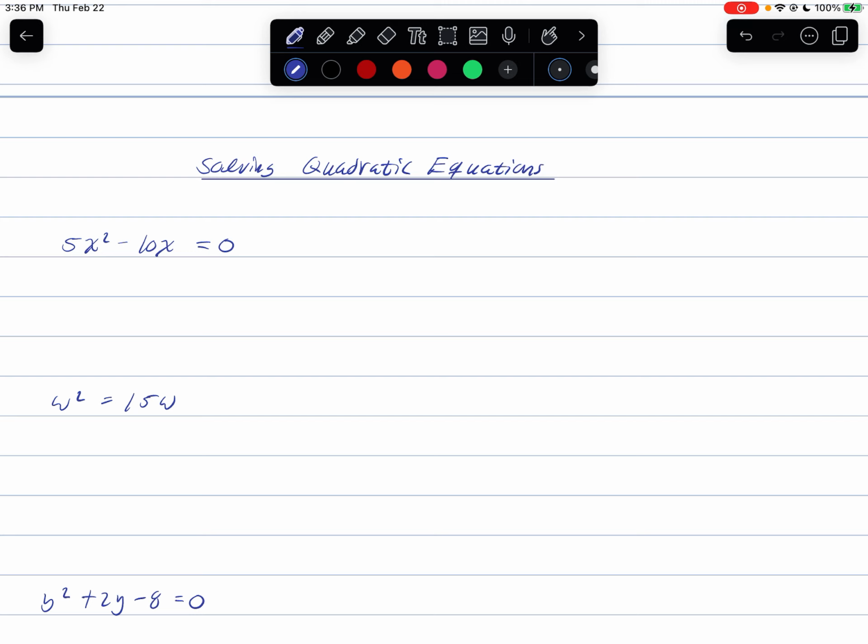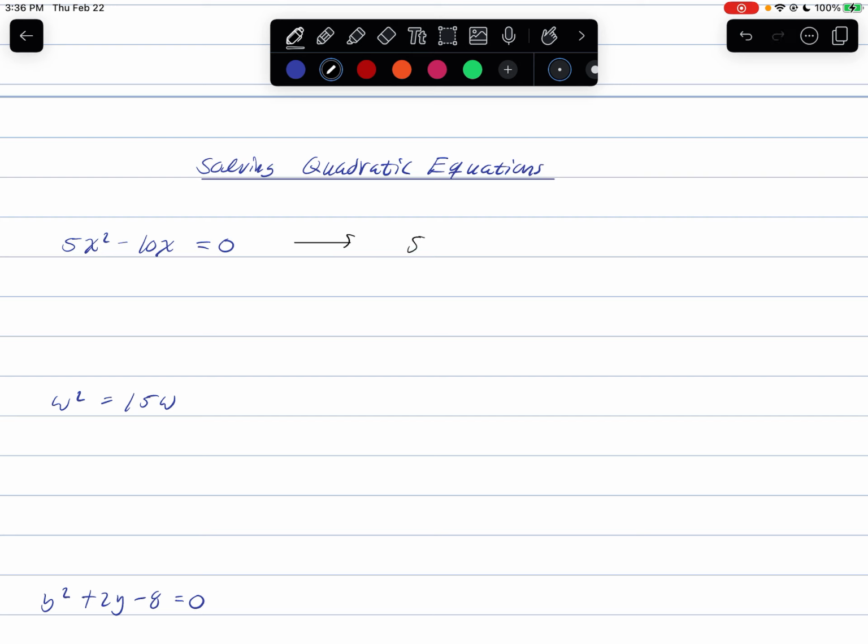So here we have 5x squared minus 10x is equal to 0. Let's see what we can factor out here. Let's find a greatest common factor. It looks like we should be able to pull a 5x out of this, right? Because 5x squared is divisible by 5x, and 10x is also divisible by 5x.